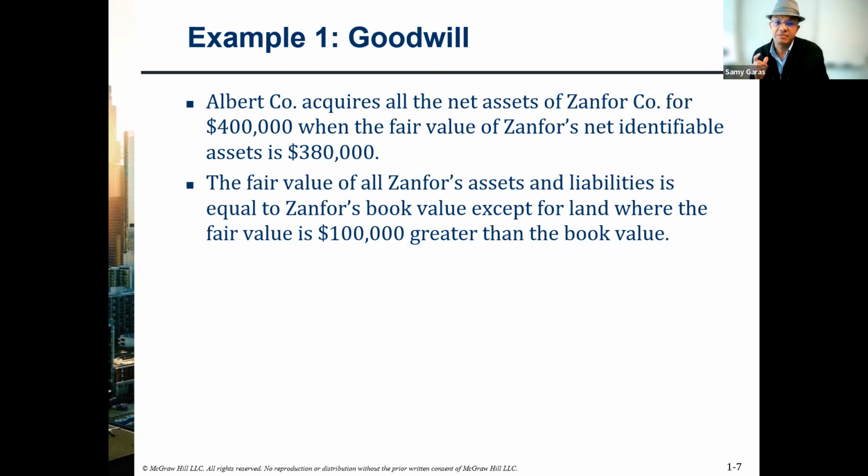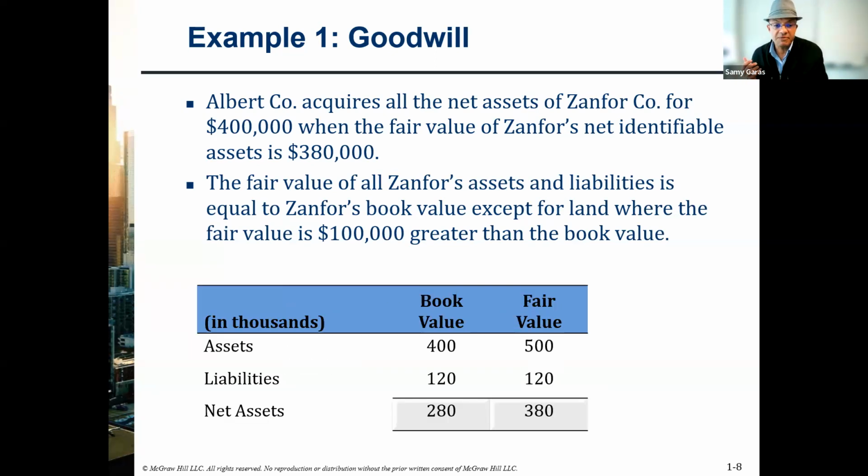However, the land of Zanfor Company, which is the subsidiary, has a fair market value higher than the book value by 100,000. So to make it easy, Zanfor Company has assets of book value 400, which is mentioned here. The liability is 120, which is not included here, but it's given in the example.